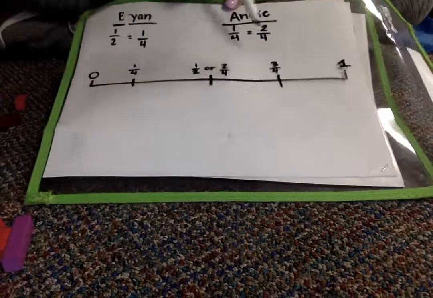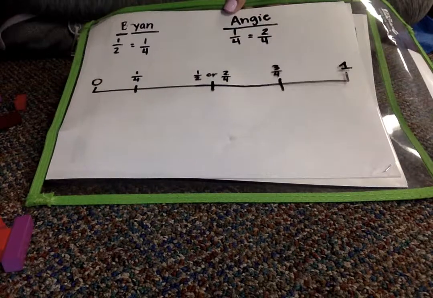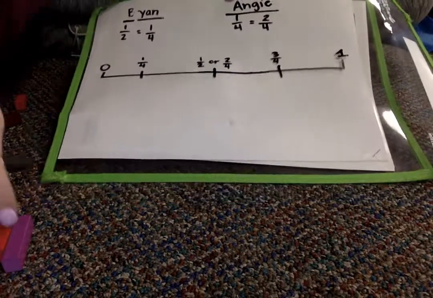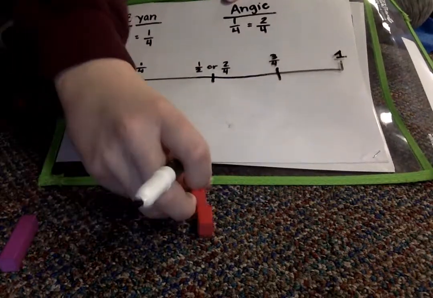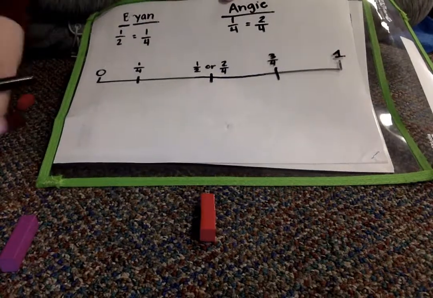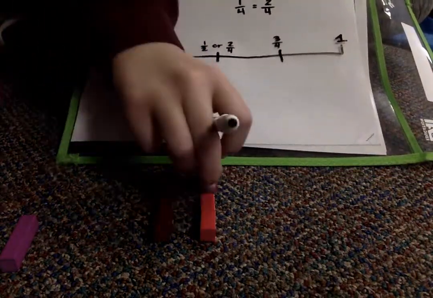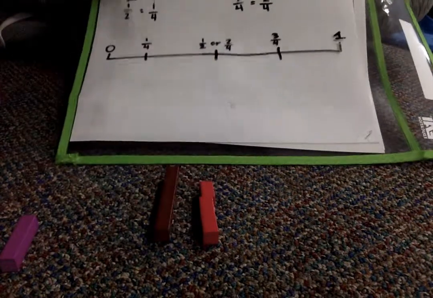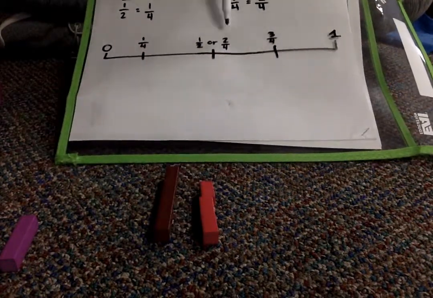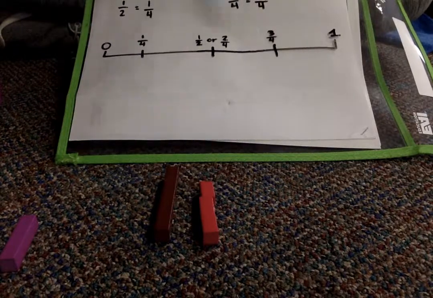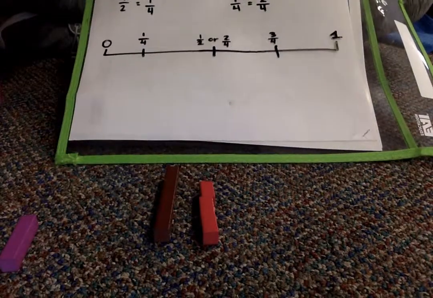And then I did the same here with my 3/4, as I know that if I have 2/4 and my 1, I need to add 2 more 4ths, but I know that in between my 2/4 and my 1 is 3/4. So I have that.